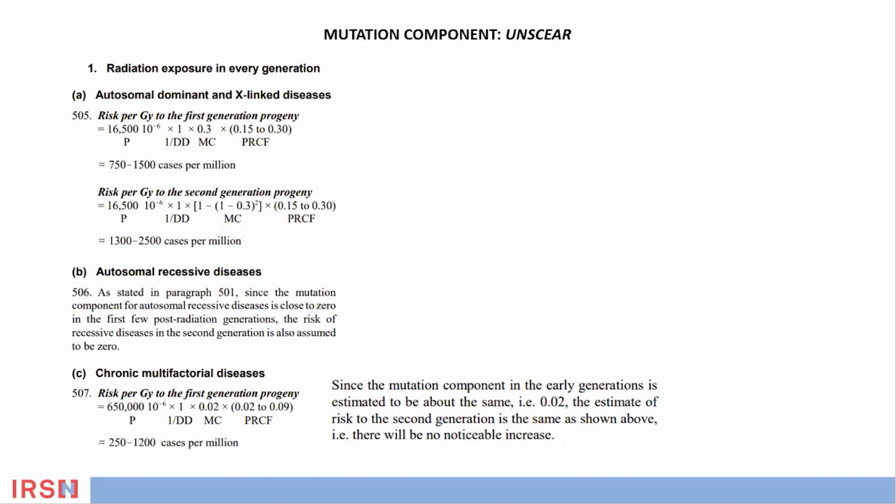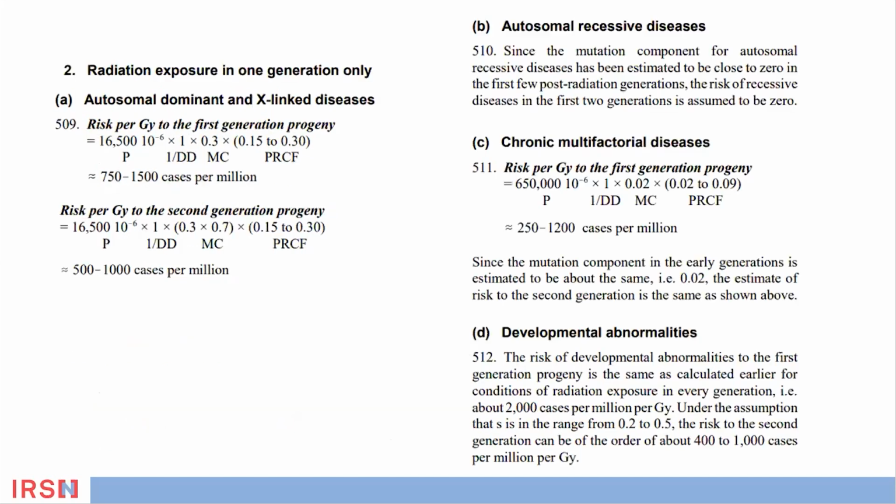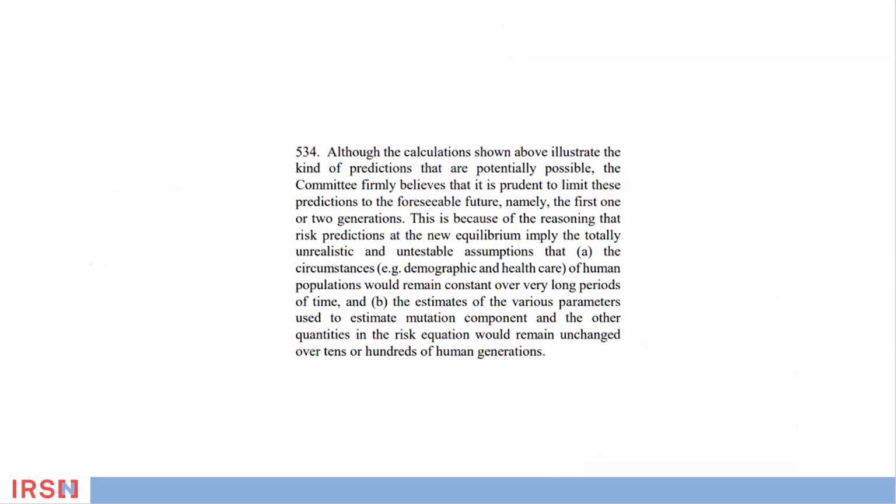I put some explanation, maybe not a clear explanation, but from UNSCEAR. And this is in 1 generation only, for each type of disease.